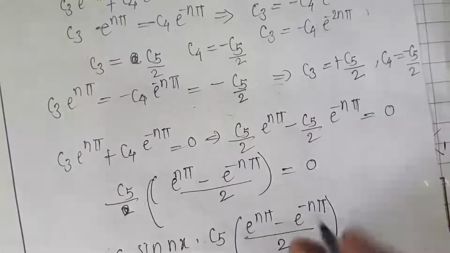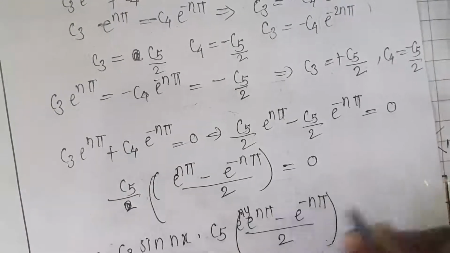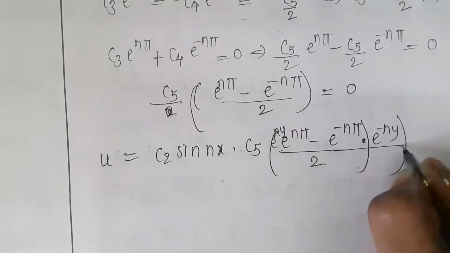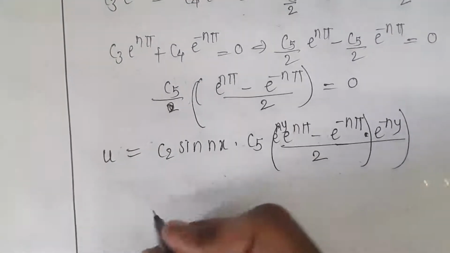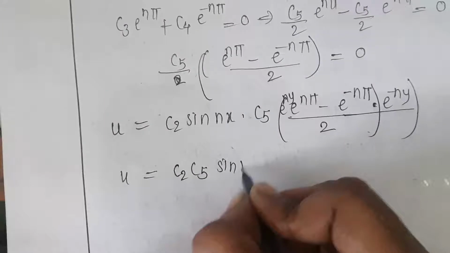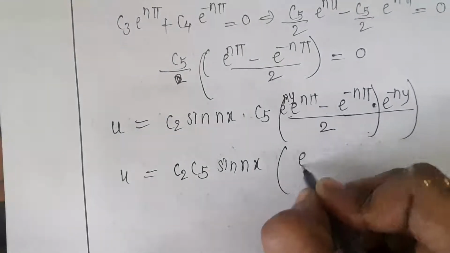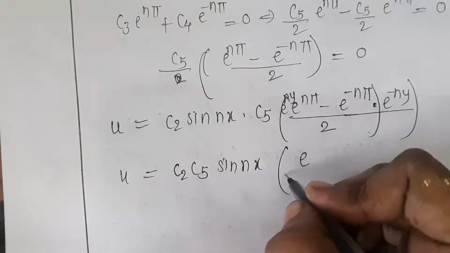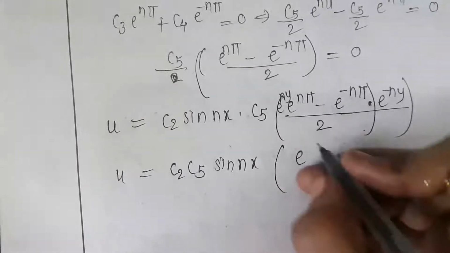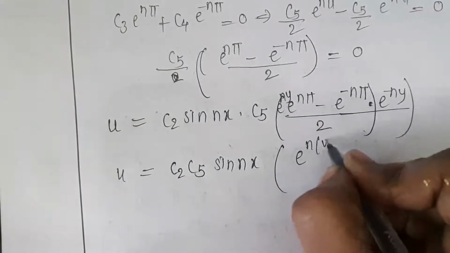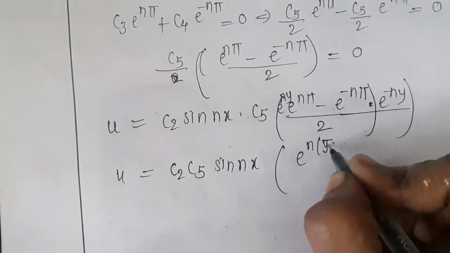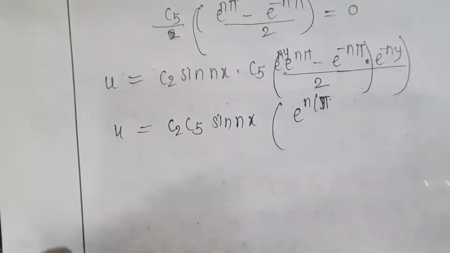So substitute right here, multiplied by e to the power ny, and here e to the power minus ny, divided by 2. So this is u is equal to C2 into C5 sin of nx multiplied by e to the power n pi, which can be written as e to the power n pi into e to the power ny. So n can be taken common, it is y plus pi.